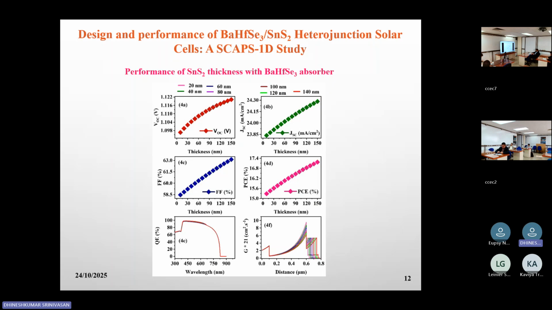As the SnS2 thickness increased from 10 to 150 nanometers, the VOC increased from 1 volt to 1.12 volt. This enhancement arises from better surface coverage and improved interface quality, which suppresses recombination at the buffer absorber junction.